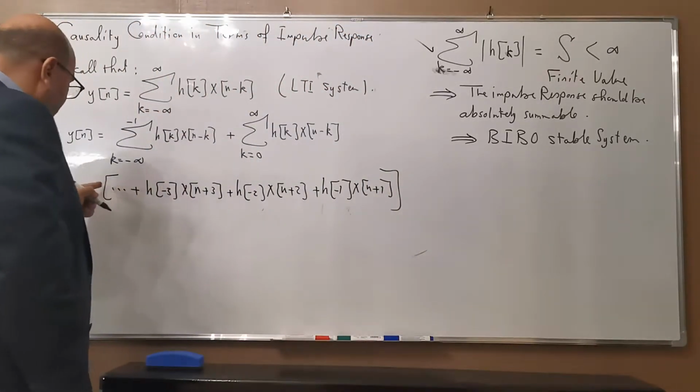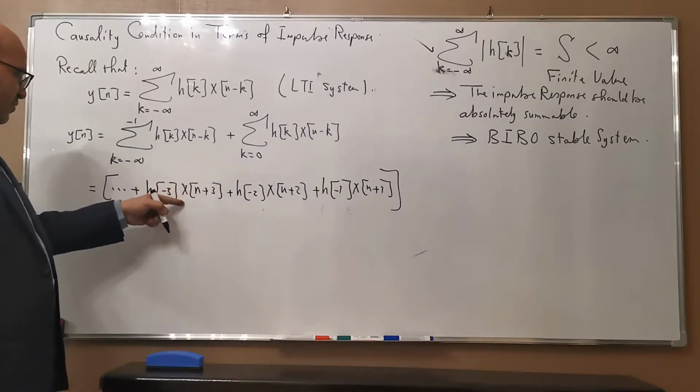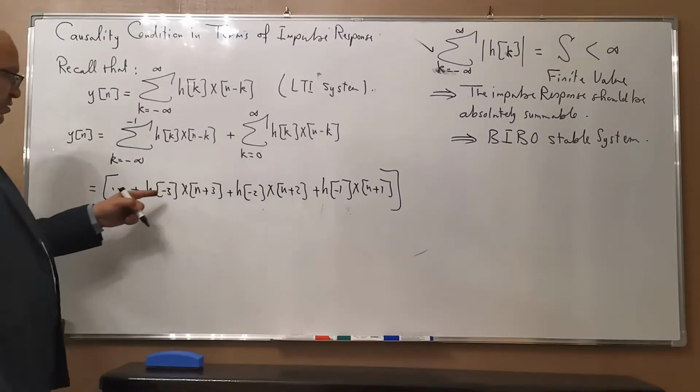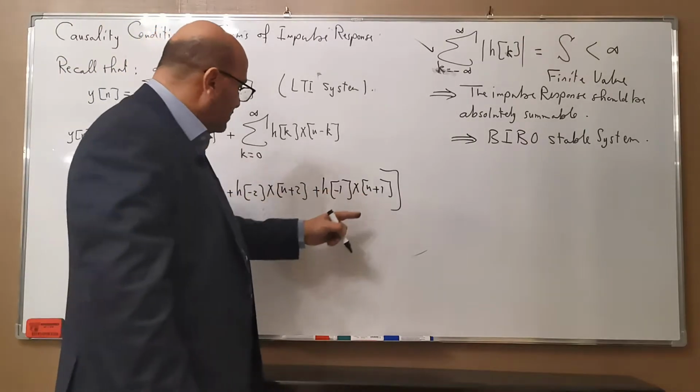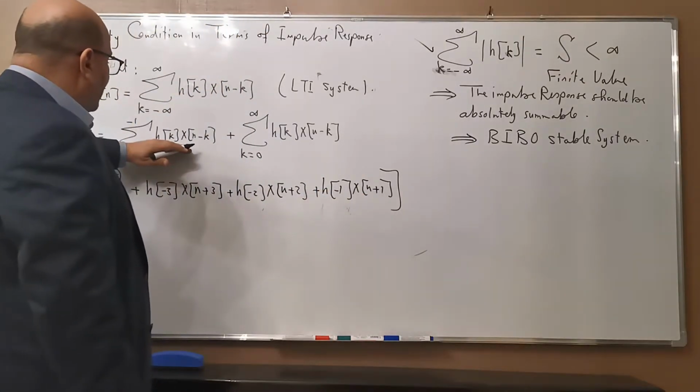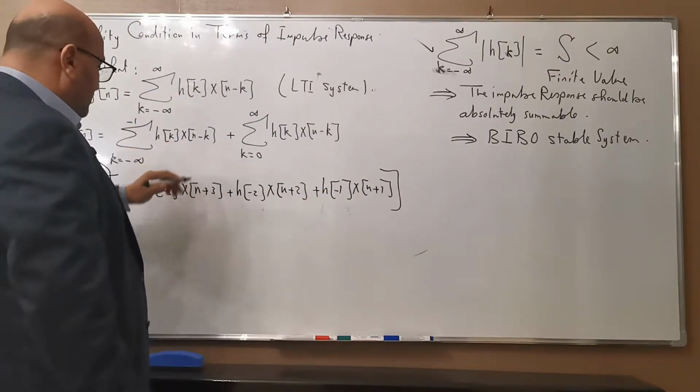So all the values here are x of n plus 4, x of n plus 5, and so on. So those are the elements inside the first summation.